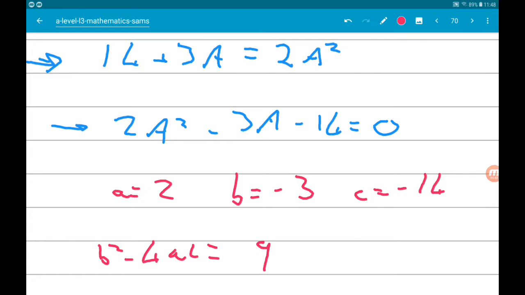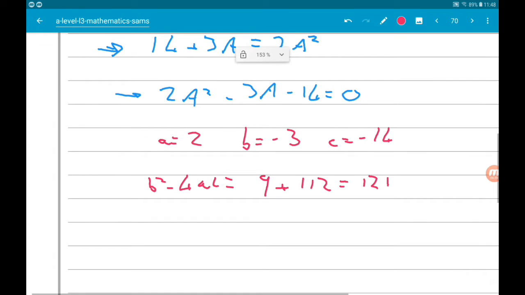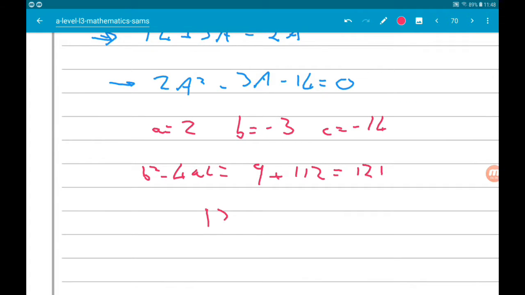So that's minus 4 times 2 is minus 8. Minus 8 times minus 14 is going to be positive, and it's going to be 112. Altogether then, that's 121. Now 121 is greater than 0.